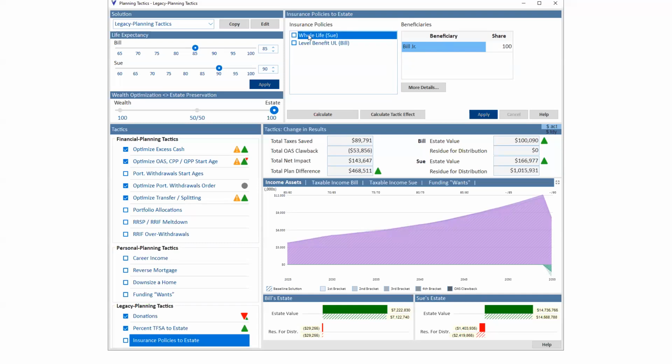And rather than leaving it to Bill or the contingent beneficiary Bill Jr., I'm going to select the insurance policy and say, leave some or all of it, the software will figure out how much, to the estate, so that it increases the estate's liquidity for planning purposes, or for a liquidity residue for distribution purposes.